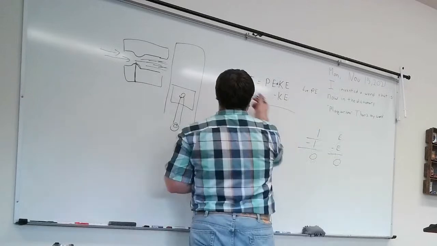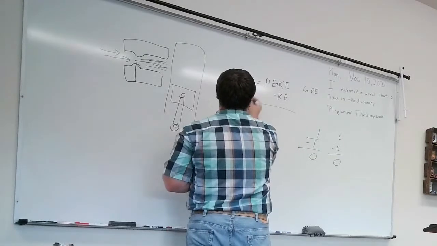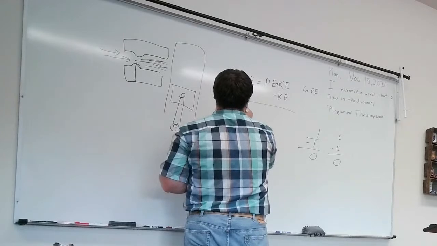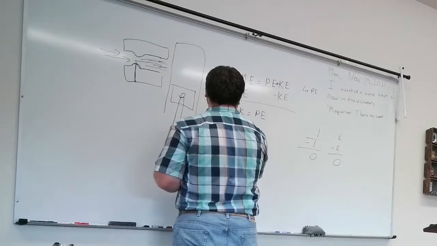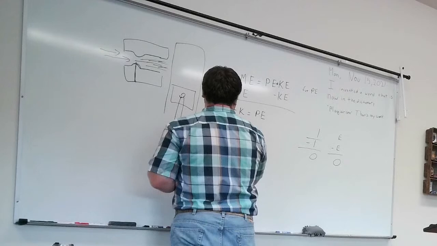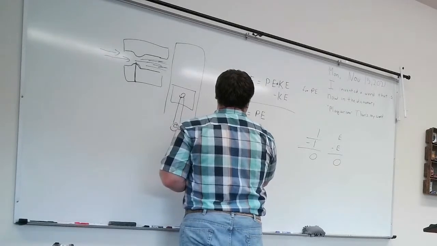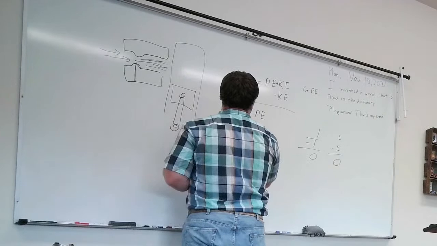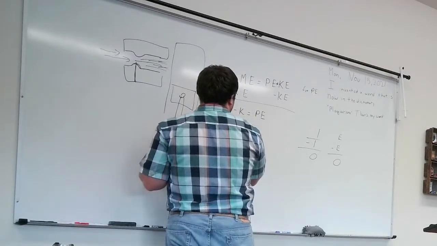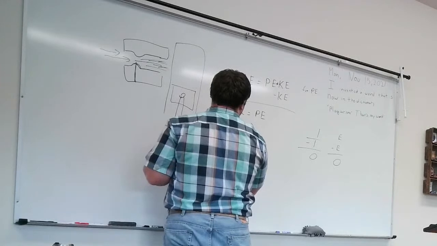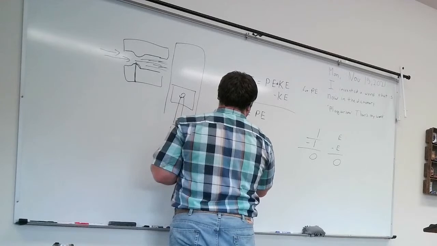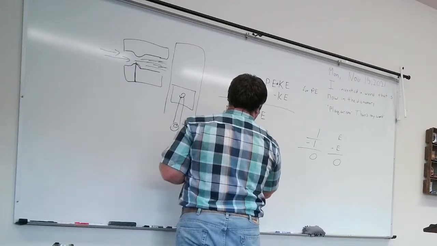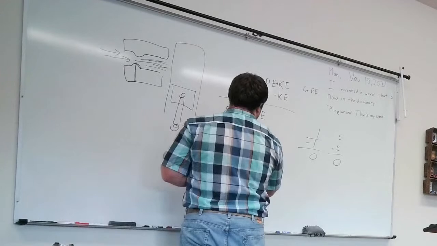So in this case we would write this as ME minus KE. Because this is multiplication, you can factor out the E: E times M minus K equals PE, and maybe this is what they're after, a factor.